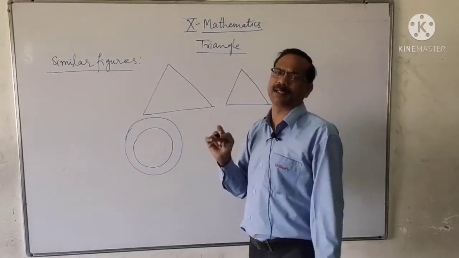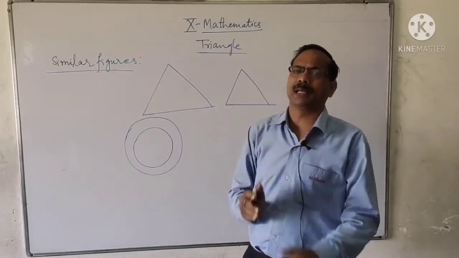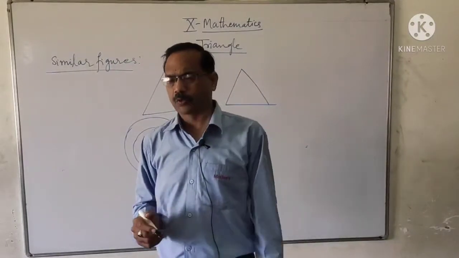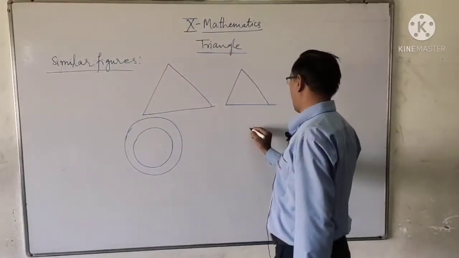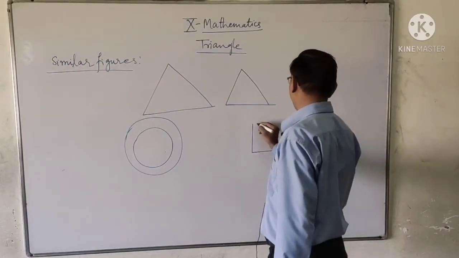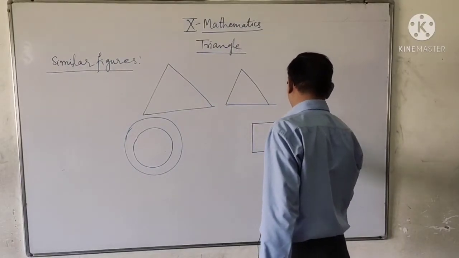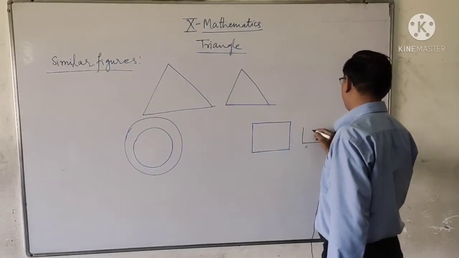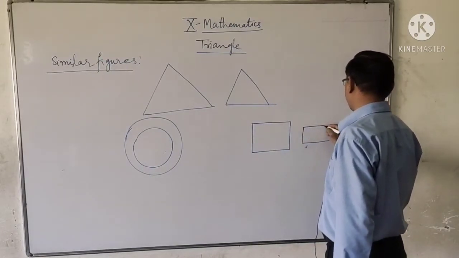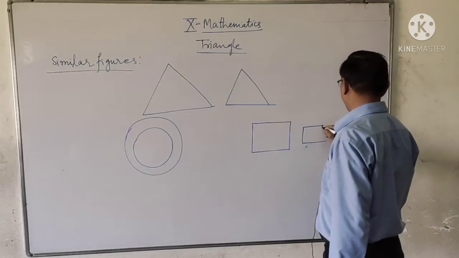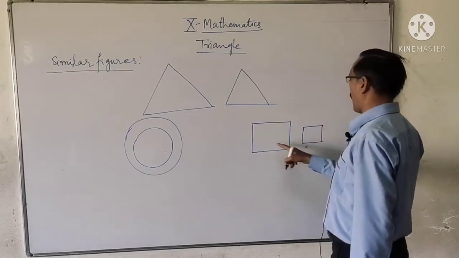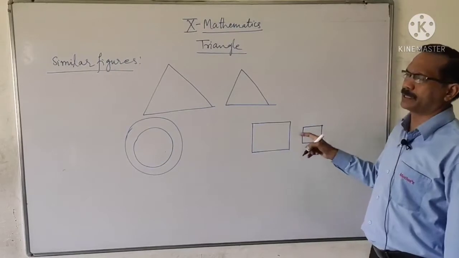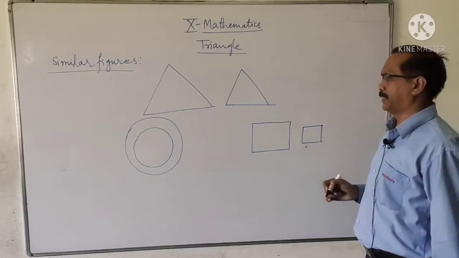Their size is different, but their appearance is the same. So whenever there are two figures of the same appearance, they are said to be similar figures. Two squares of different size are also said to be similar.